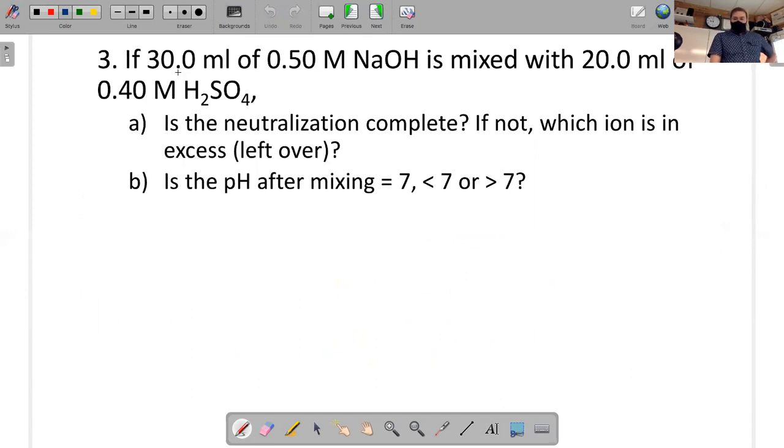This volume is 50% greater than that volume. This molarity is 25% greater than this molarity. And when the reaction takes place, the mole ratio of the sodium hydroxide and the sulfuric acid is not 1-to-1. So it's definitely not easy to know just by looking at the quantities how this one turns out.